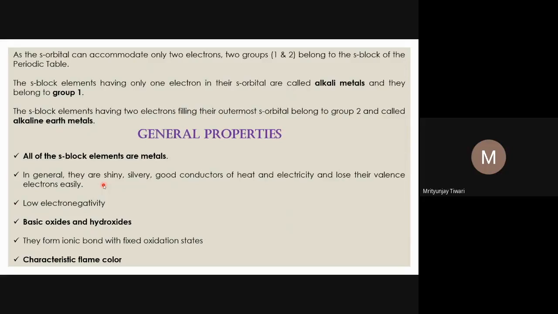What is that effective nuclear charge? It is the effective attraction that the outermost electron experiences because of the positive charge of the protons in the nucleus. An atom can have n number of protons, but effectively all those protons' force is not experienced by the outer electrons, because there are many electrons between the nucleus and the outermost shell electrons, and electrons repel each other.